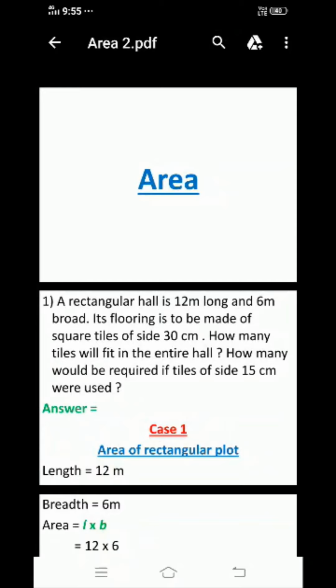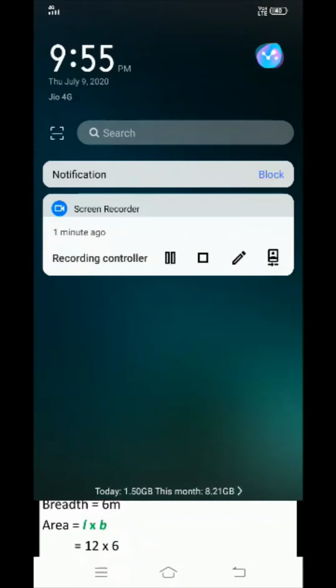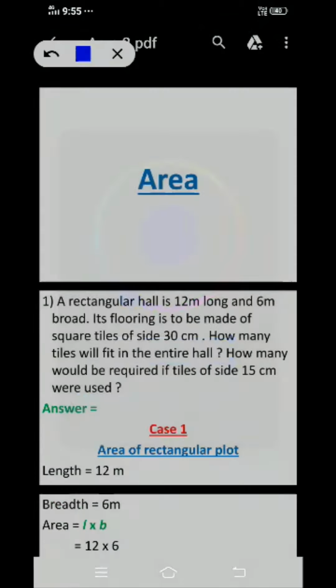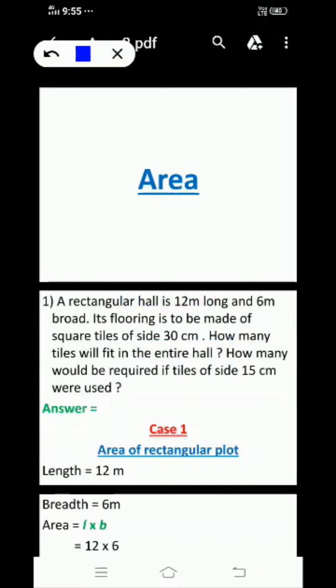Now first we have to find out the area of the rectangular hall. Case 1 is the area of a rectangular plot. Length is 12 meter and breadth is 6 meter. Both are in the same measurement, so there is no conversion.